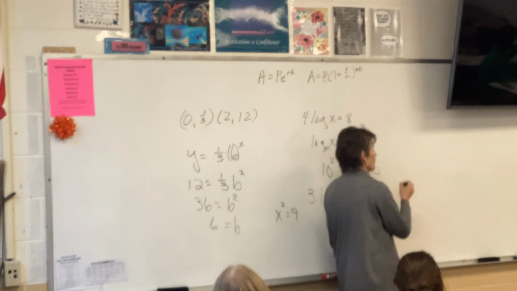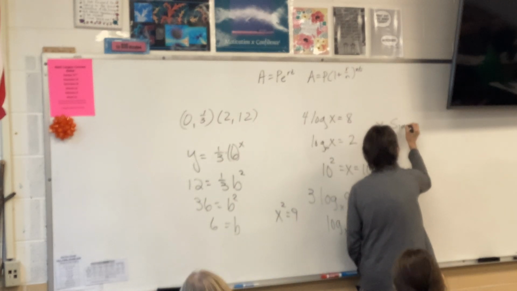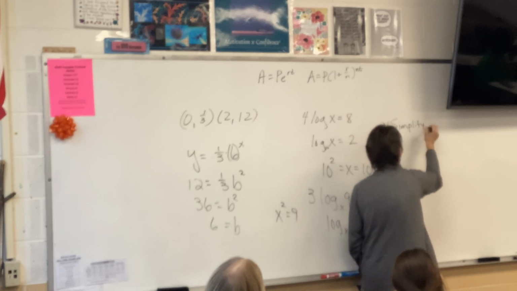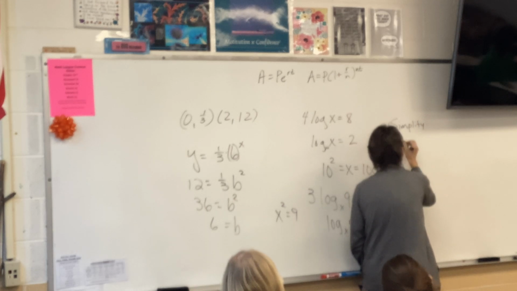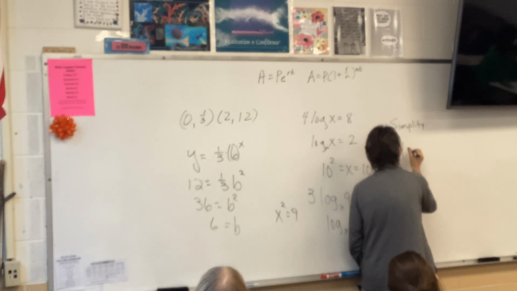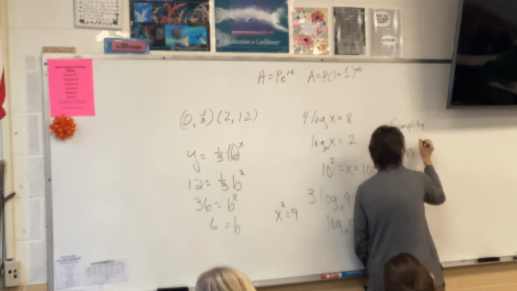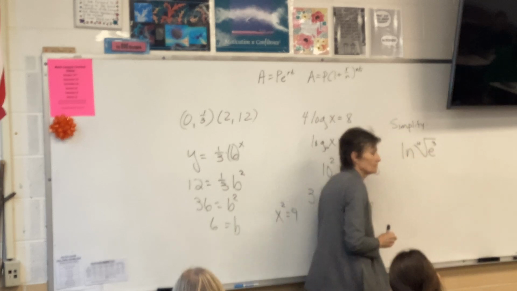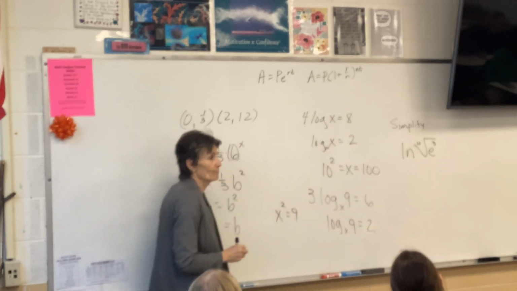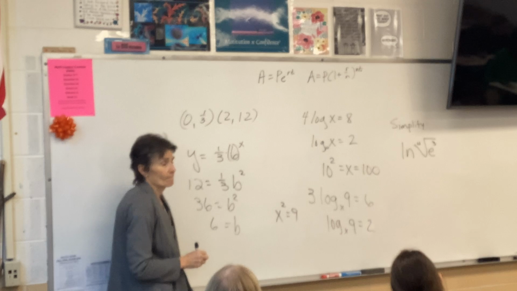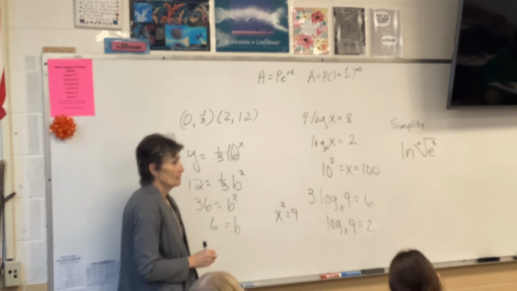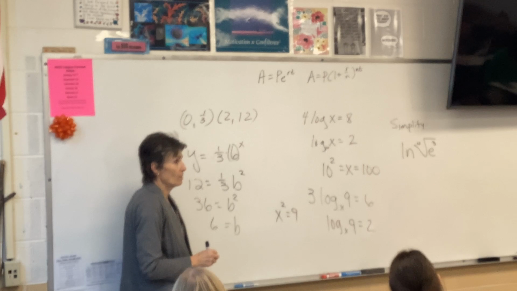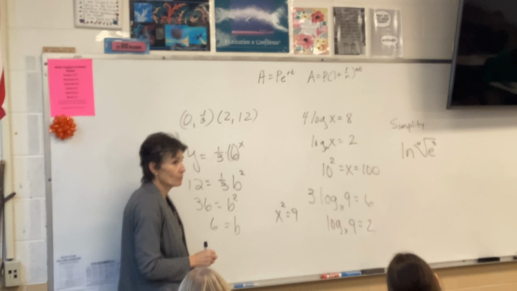And then one more. How to simplify. This won't be a solve, this will be a simplify. Something like ln 4th root of e cubed. Alright, so first of all, what does a 4th root mean?